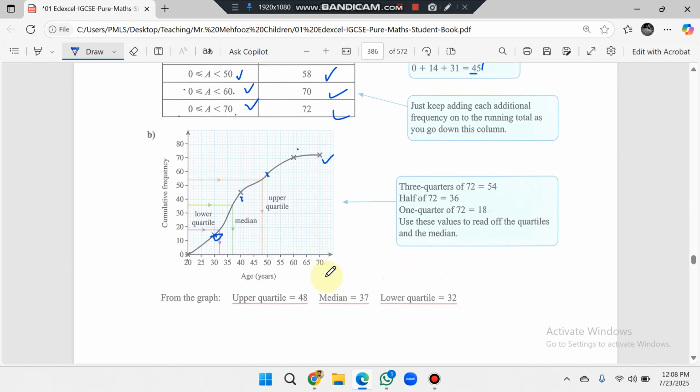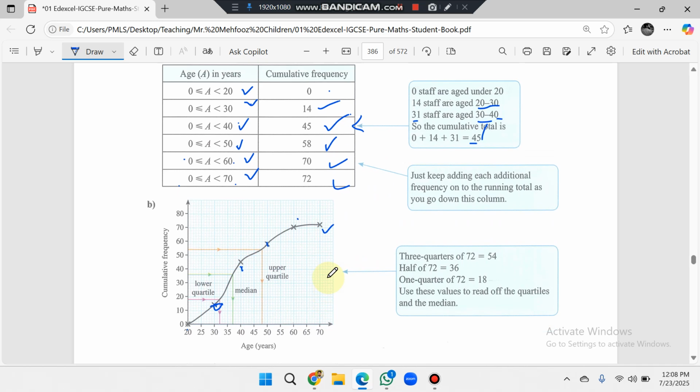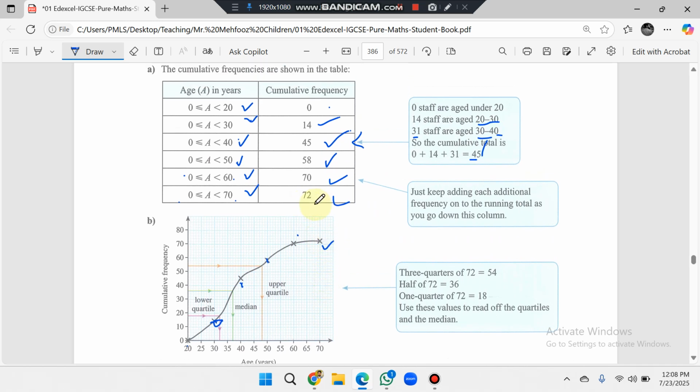Okay, good. So after that, we have to find the median. You can see that the total cumulative frequency is 72. It means that you can draw a line and total values are 72. What is the central value?